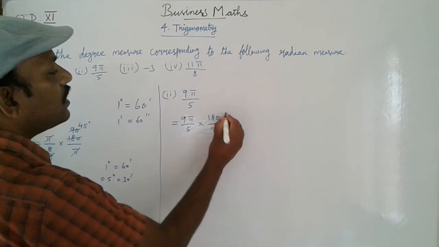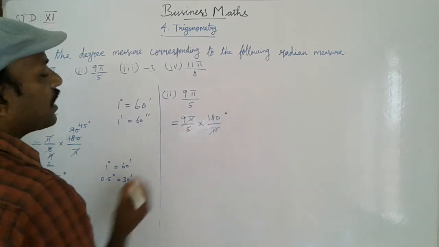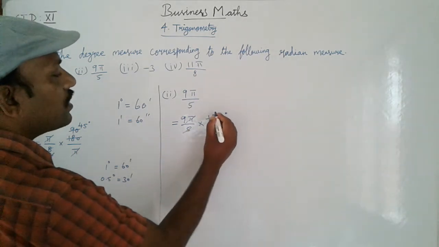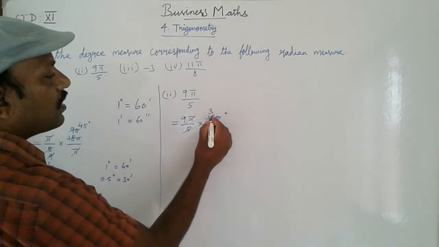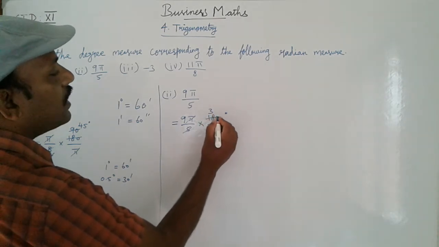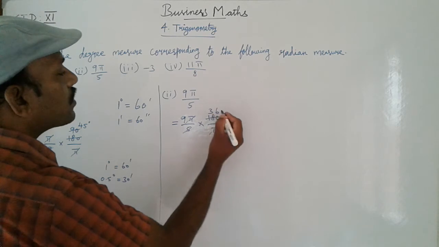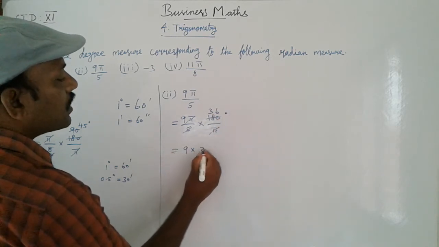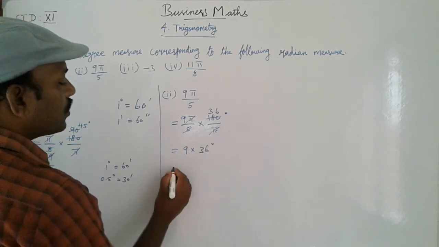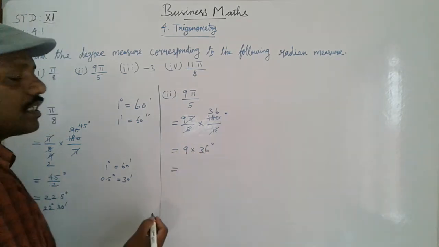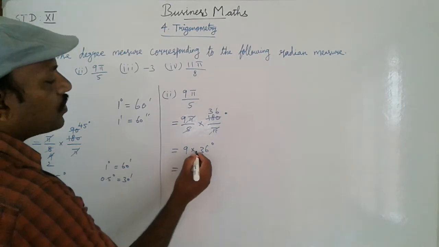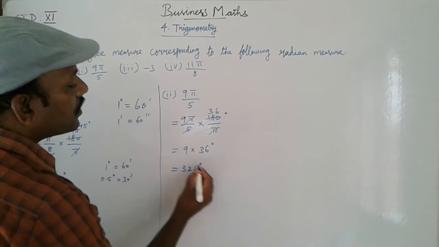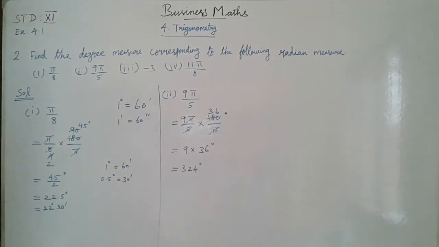Then it makes degree. Pi cancels. 5 times 36 is 180. So 9 into 36 is 324 degree.